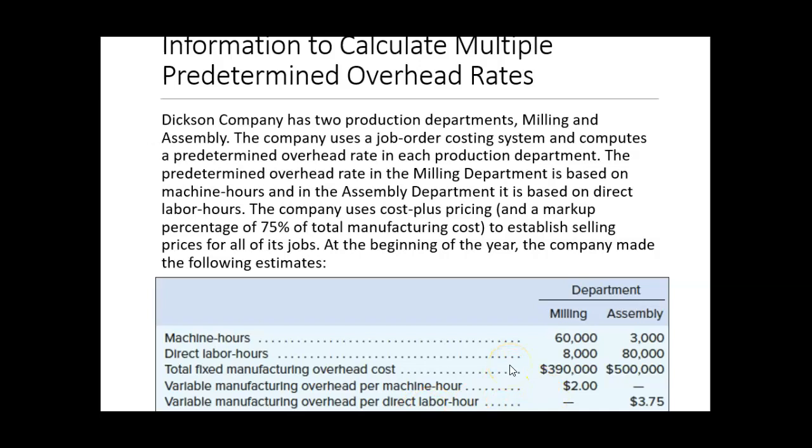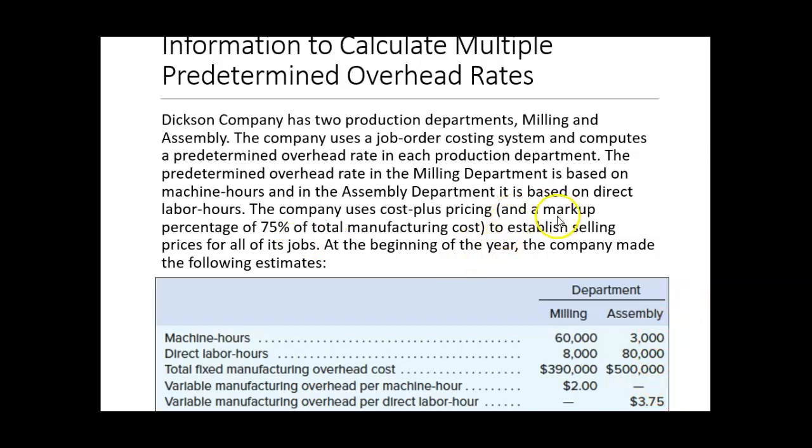So they figured out which cost factors have the biggest impact on manufacturing costs in these different departments. So in one department, they feel that machine hours would be the biggest cost driver. In the assembly department, they discovered that direct labor hour is the biggest cost driver for the manufacturing cost.